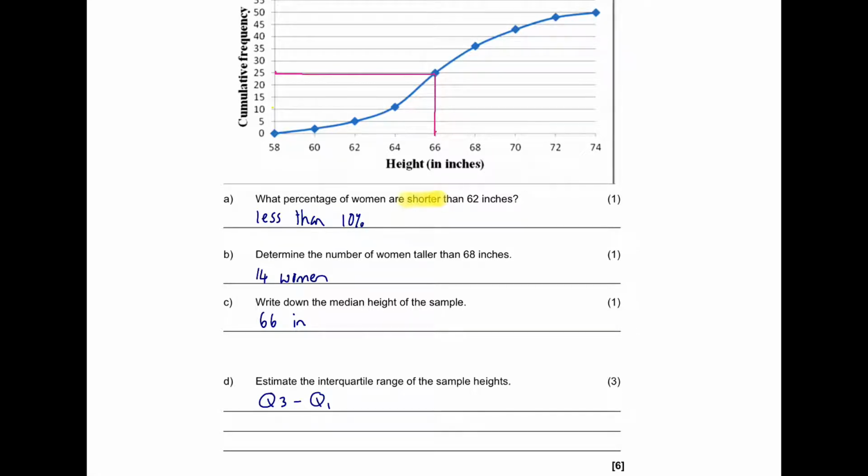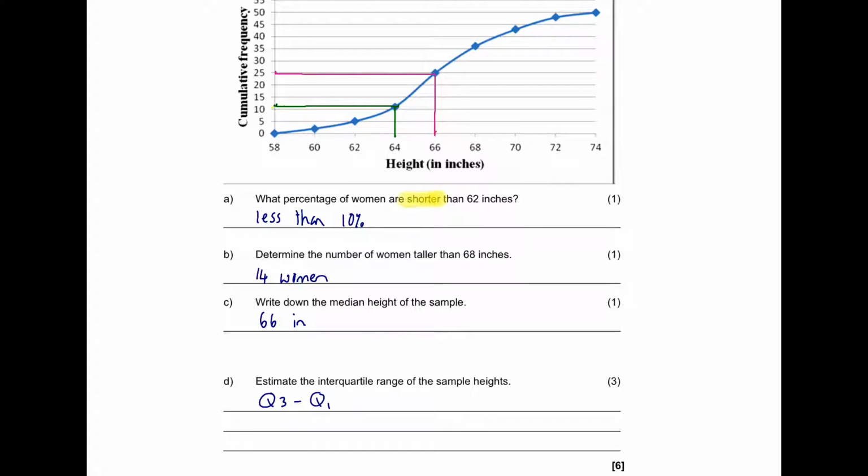So our first quartile is halfway between 0 and 25, so we're at around 12 and a half. So 12 and a half, and then we read off on the x-axis, so that we get a quartile 1 of 64. For quartile 3, it's halfway between 25 and 50, which is 37 and a half.